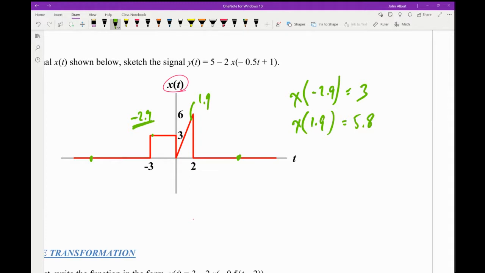Now, you have sketched y of t. What I would suggest to you is go and plug in the values of t. Let me see how you can do it. Let's see. I just want to make sure that I get it right.